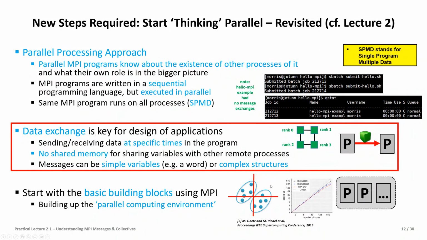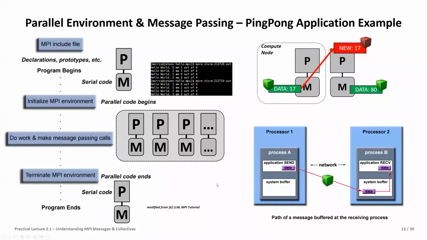When we talk about lecture 3, I will talk more about domain decomposition, crunching a big problem into smaller pieces. But by doing so, we start with the idea that we have to communicate some of the results from one space to another, from one processor to another, and that's where this MPI message exchange starts. Hence, we will look at a very simple idea, basically just implementing ping and pong.